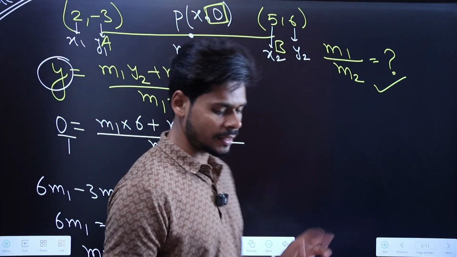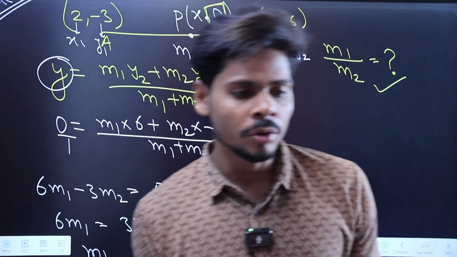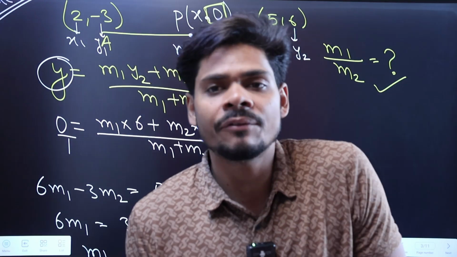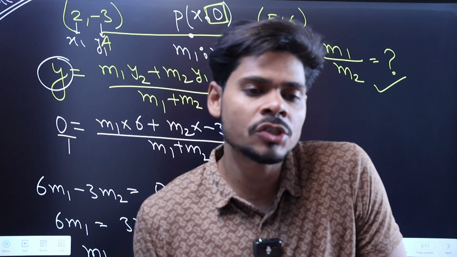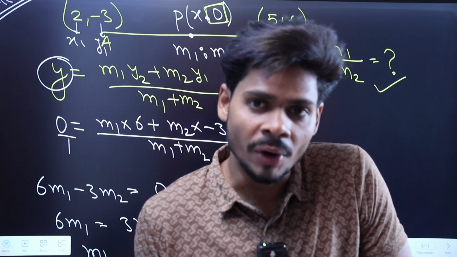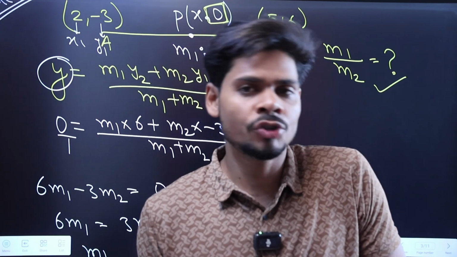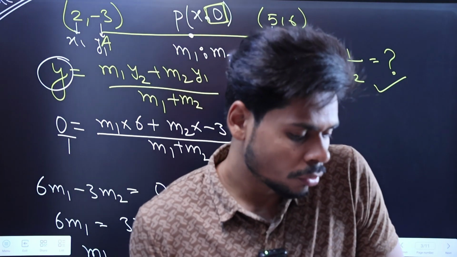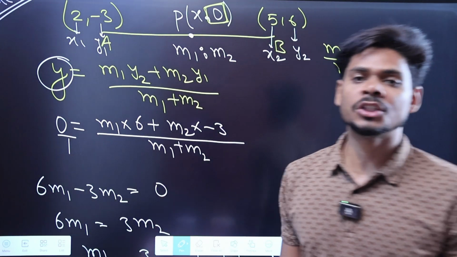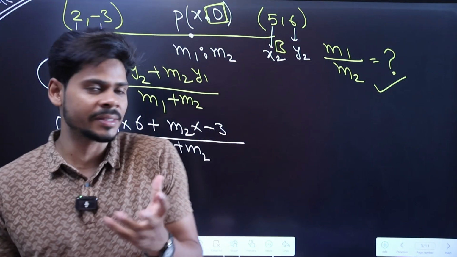Almost every book uses the ratio as k:1, and if you are able to find the value of k, that is your actual ratio. What is the reason behind taking k? I am going to explain.